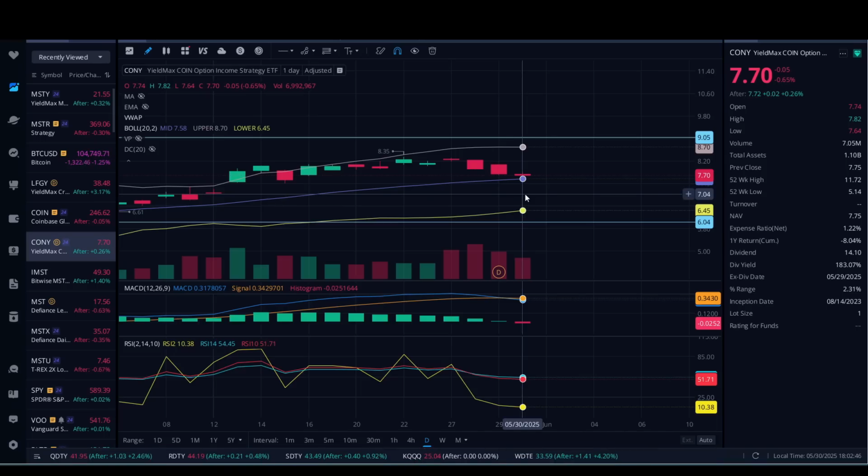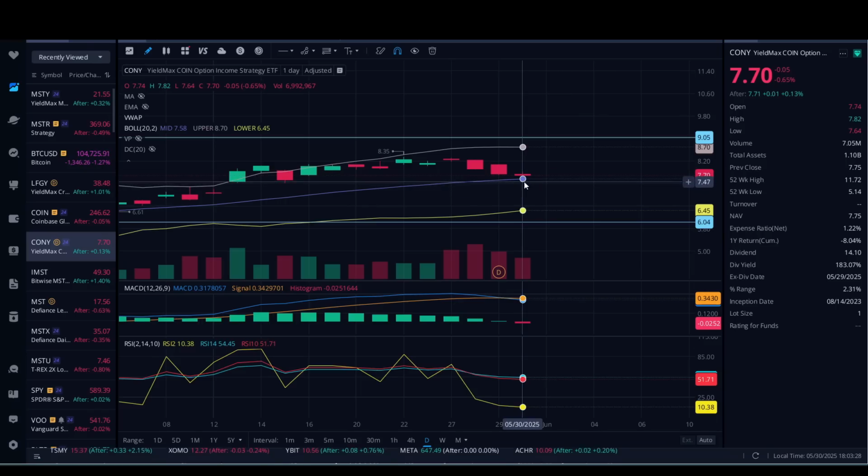So I went ahead and purchased 15 shares at $7.71. My average on CONY is around 12 bucks, so getting a few more shares is going to bring down my average a little bit.